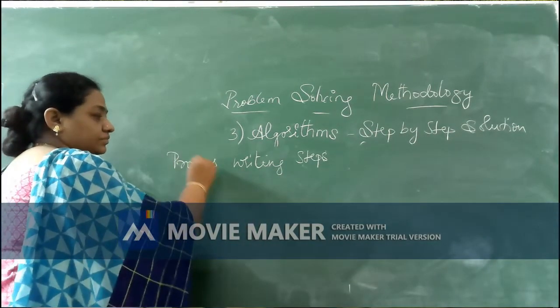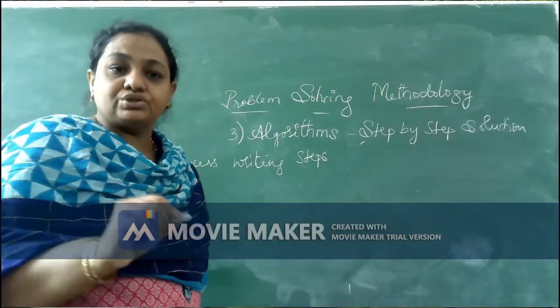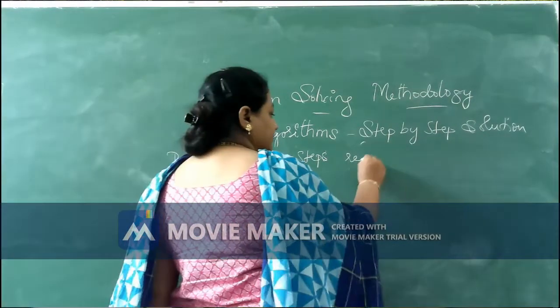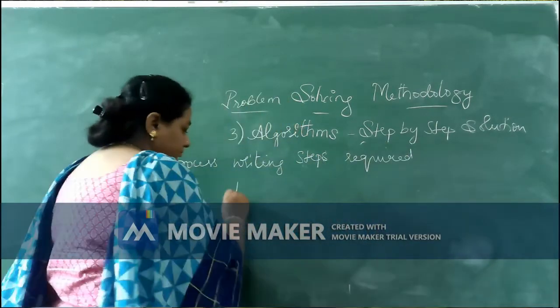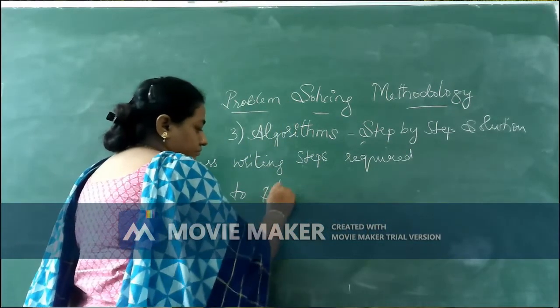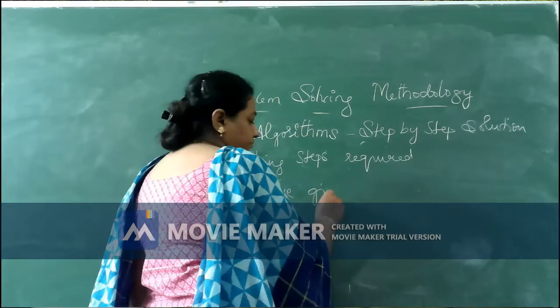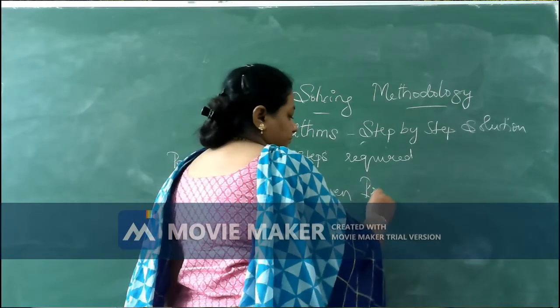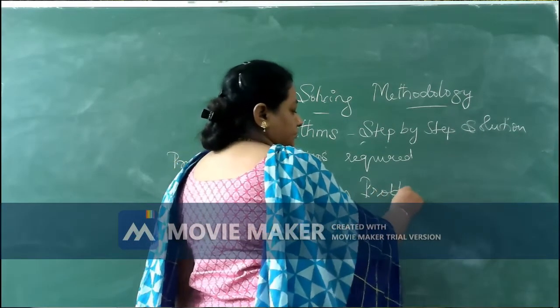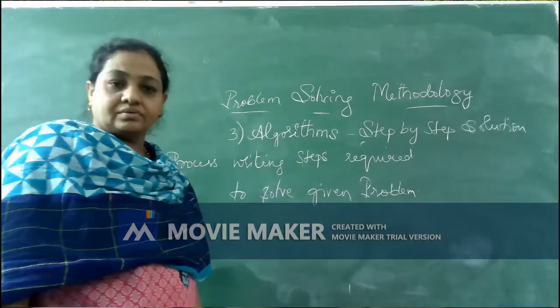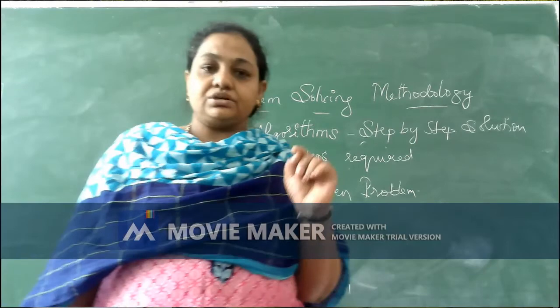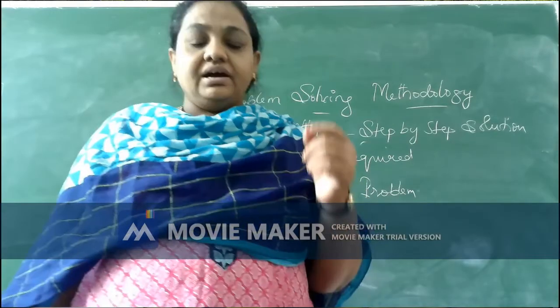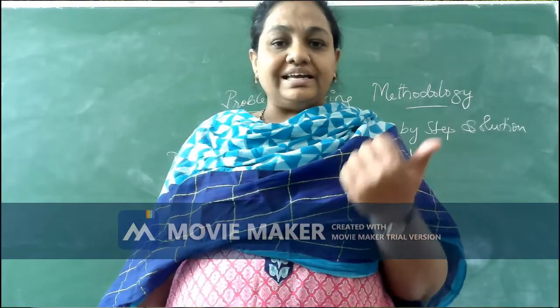Here, algorithm means writing steps. But when we are writing steps, we need to follow a certain procedure, a certain standard format. So algorithm, no doubt, is writing steps required to solve the given problem, but these steps are to be written in a standard format.